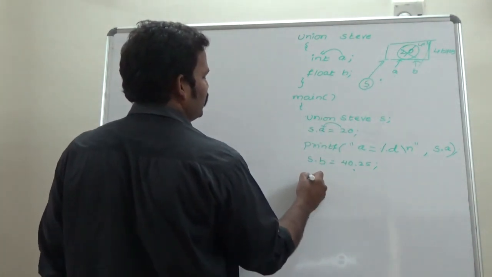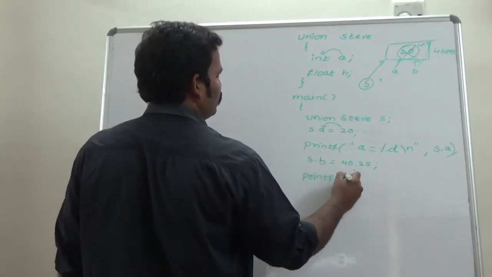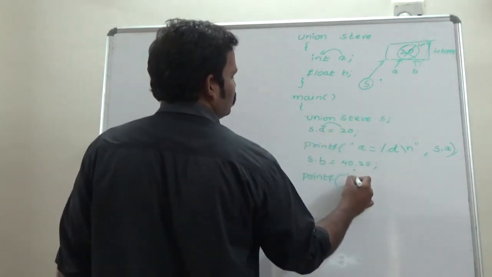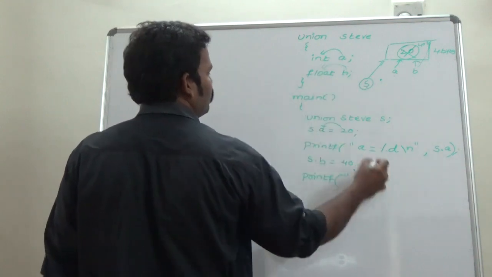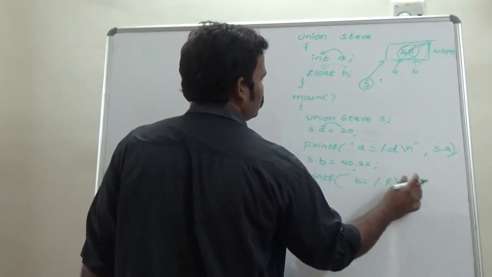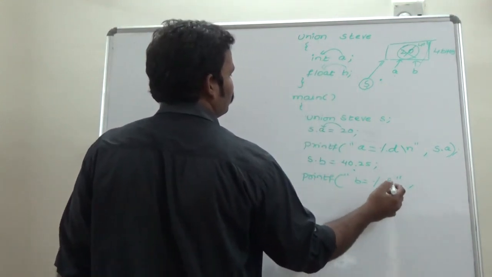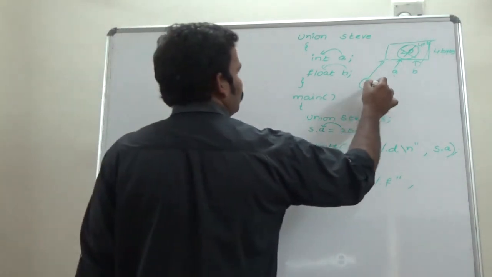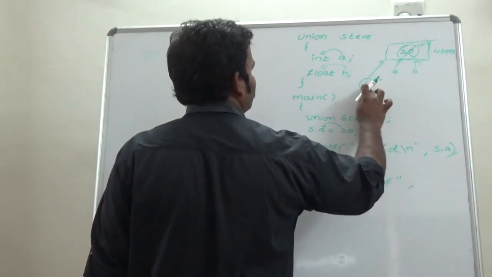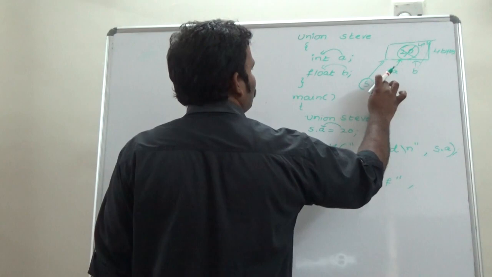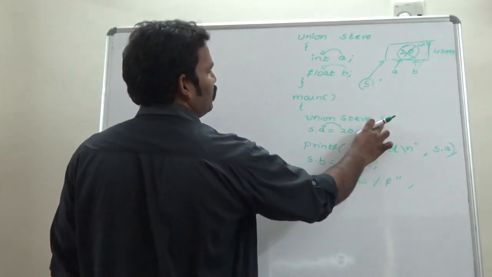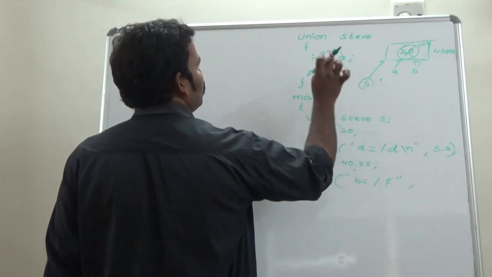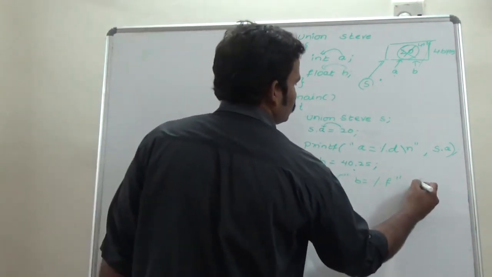How can we access it? printf, b is equal to the float format specifier, comma. Object name, direct access operator or member operator, member name: S dot b.